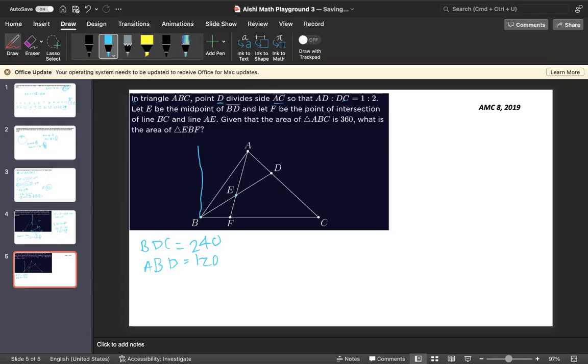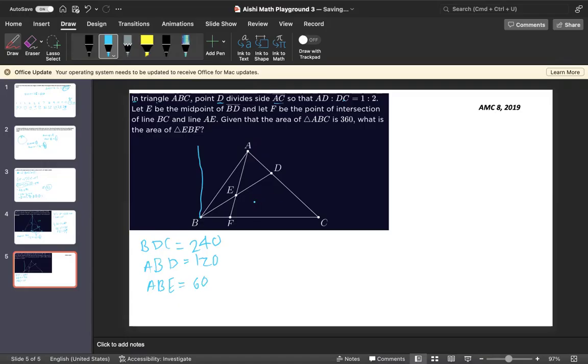We also know that E is the midpoint of BD, and if we take BD as the base of ABD, then the base of ABE would be half of the base of ABD. So we know that ABE is half the area of ABD, which gives us that the area of ABE must be 60.